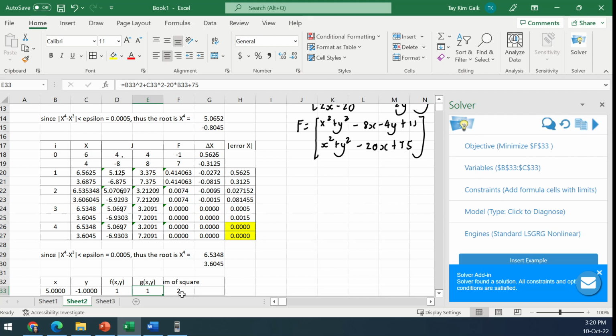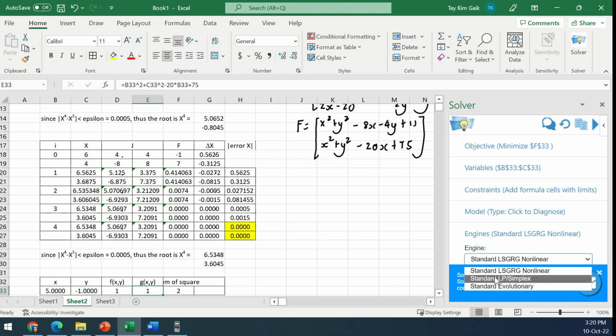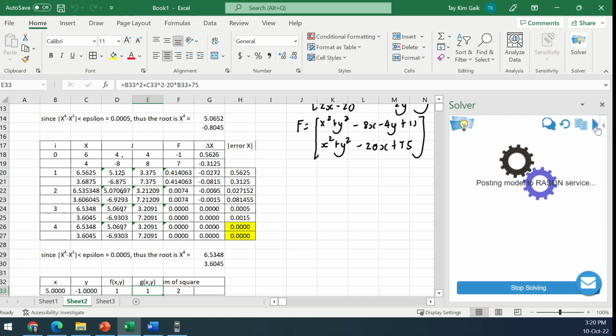Minimize F33 by varying B33 and C33. Standard nonlinear. Okay, it has the algorithm; it has 3 different engines. Let's try this one, because this is not linear, that's why you cannot choose linear programming (LP).